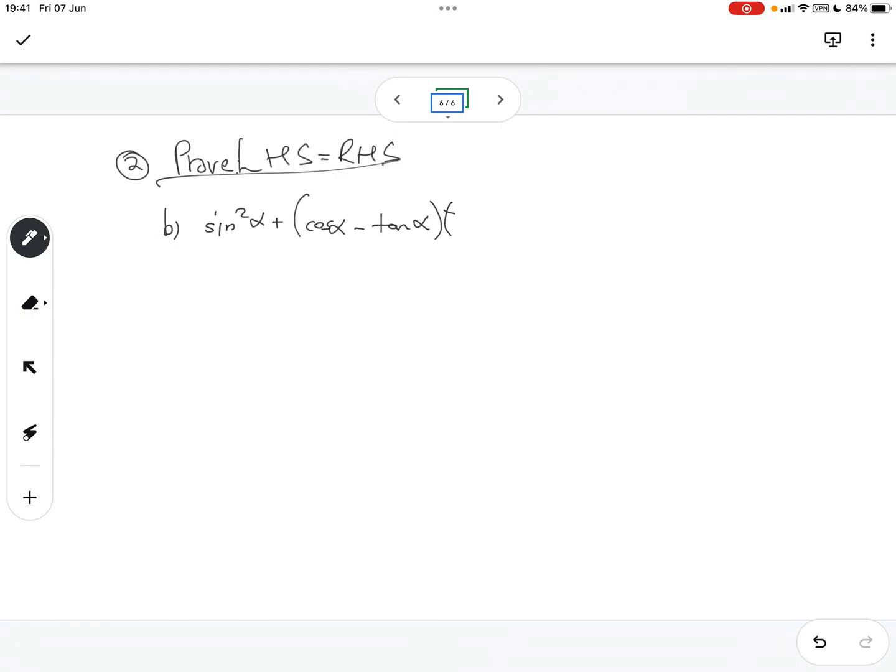And let's say we've got B. Let's do B. So it's sine squared alpha plus cos alpha minus tan alpha into cos alpha plus tan alpha equals 1 minus tan squared alpha. Which side do you want us to choose? Anyone? Left-hand side or right-hand side?